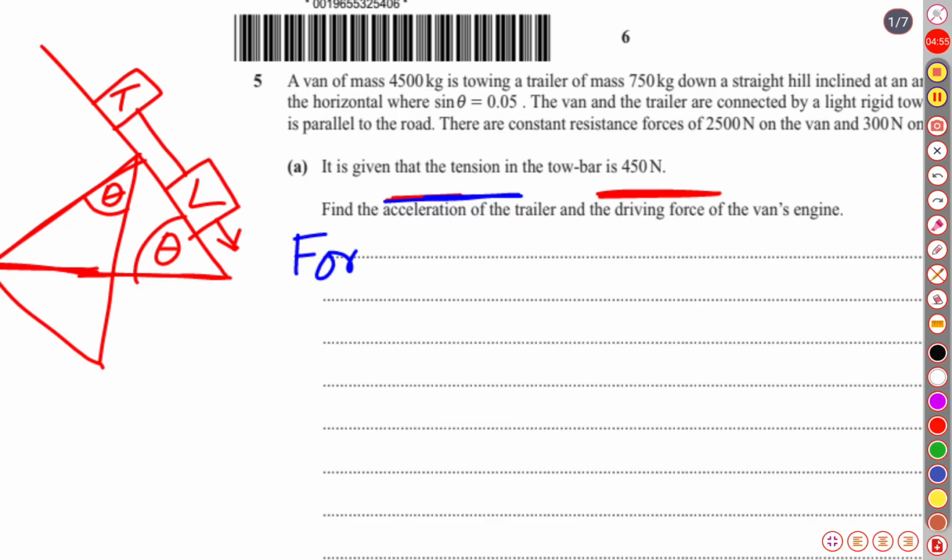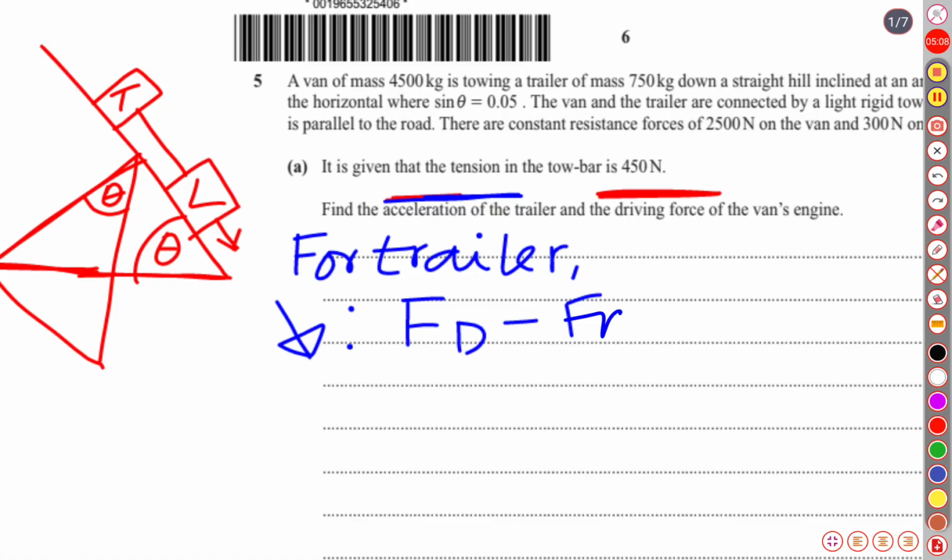So we'll start with the trailer. The direction is it is moving down. The concept we are going to apply is driving force minus resistance force is equal to mass into acceleration. Now the driving force for the trailer: if we look at the trailer, the driving force is the tension.